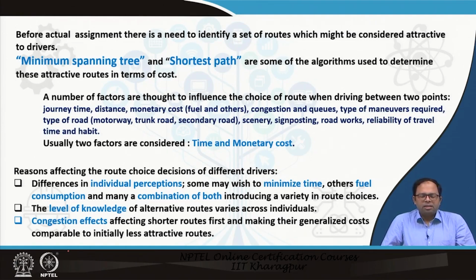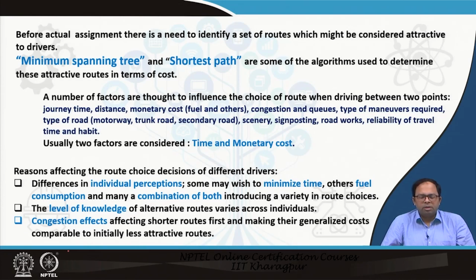So a number of factors are thought to influence the choice of route when driving between 2 points. So how do we determine the cost? It could be based on journey time, distance, monetary cost like fuel and other cost, congestion and the queue cost, and the type of maneuvers required in that particular route depending on the route structure or the road conditions maybe, and type of road, motorway, trunk road or secondary road.